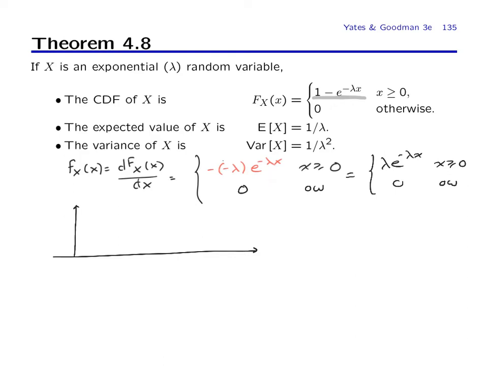You want to think about how this looks when lambda is big or lambda is small. When lambda is big, the exponential decays very fast and goes to 0 very quickly. So this is large lambda. But when lambda is small, the exponential decays very slowly.